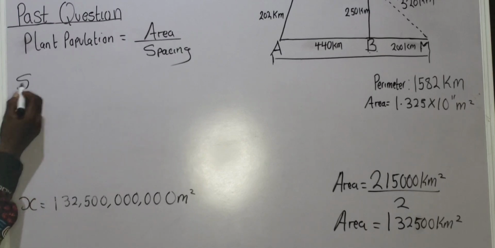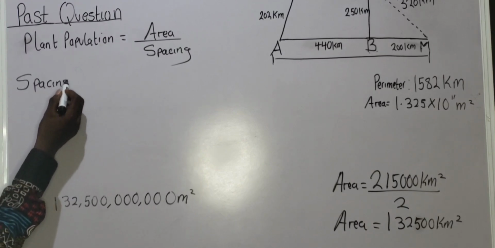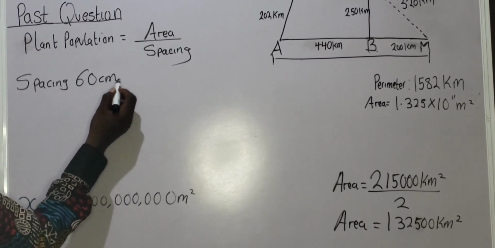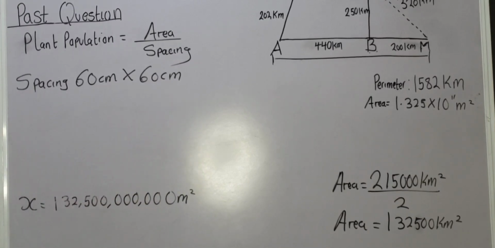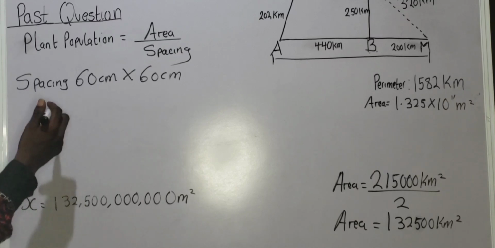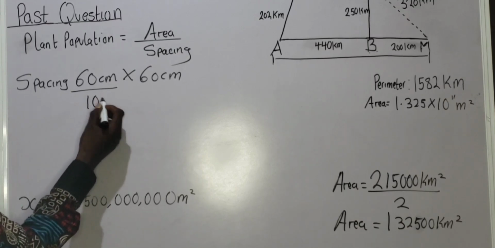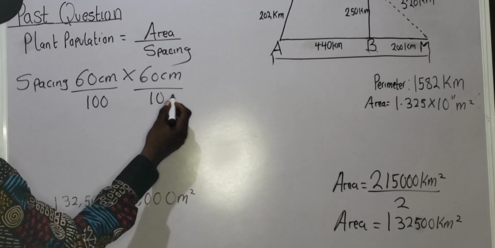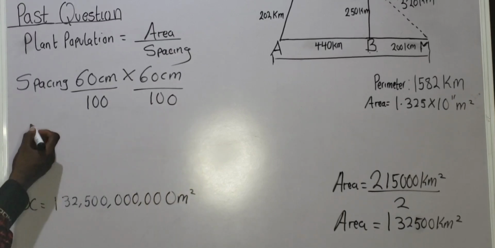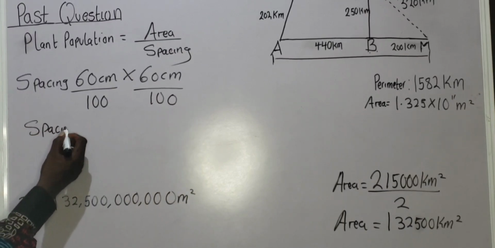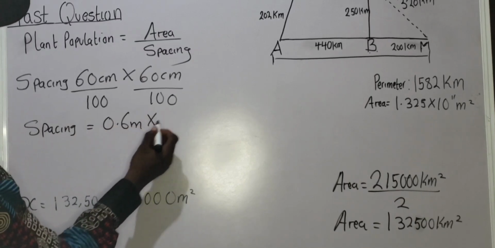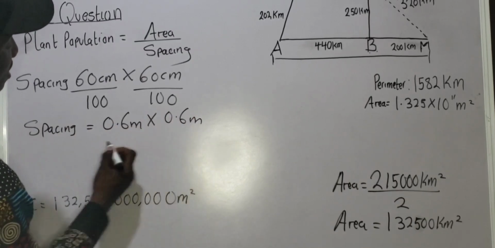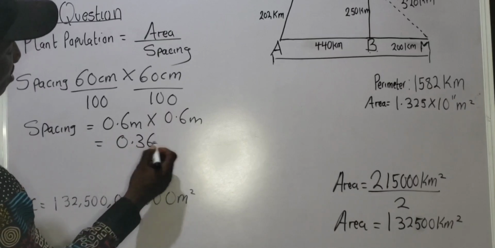But the spacing, don't forget, is 60 centimeter by 60 centimeter. So I have to convert this spacing to meter by dividing by 100. You understand? So I'm going to have the spacing in meter. The spacing in meter is what? 0.6 meter multiplied by 0.6 meter. That will be what? 0.36 meter squared.